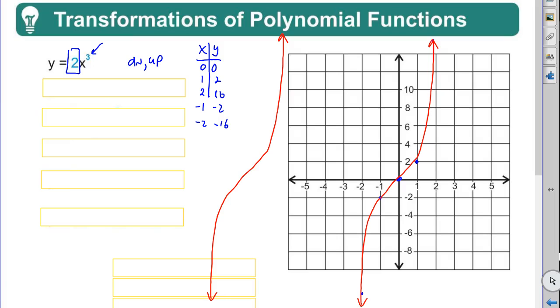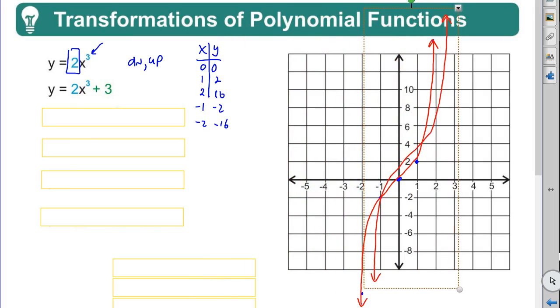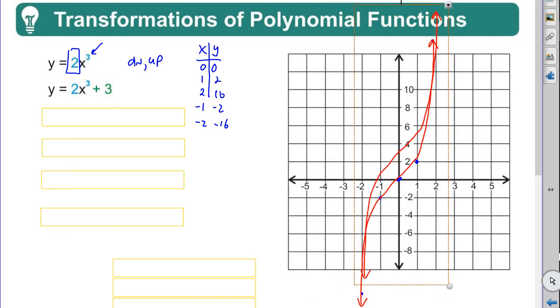Now, let's do some transformations. Okay, so notice this has the exact same function. So it's going to start down, but notice it has a plus 3. So what does that plus 3 do? Well, look, every output now is 3 higher. So I'm just simply going to move this function up 3.